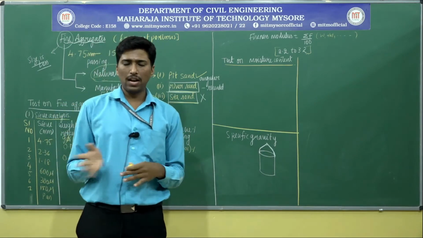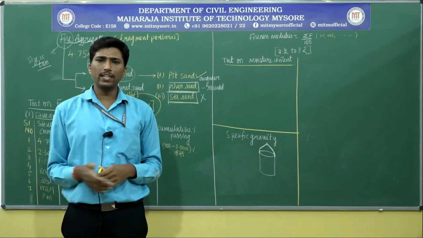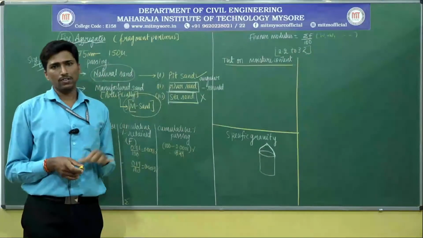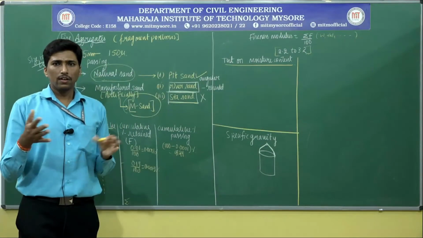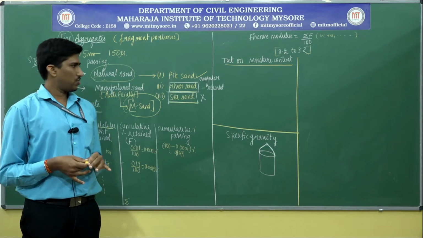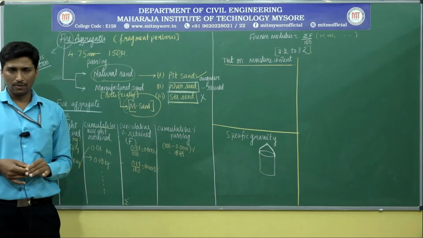If it is less than 2.2, such as 2.1 or 2, or more than 3.3, 3.4 or 5, then it is not well graded. So there is a discrepancy in the fineness modulus of the sample. This is how the sieve analysis is carried out.